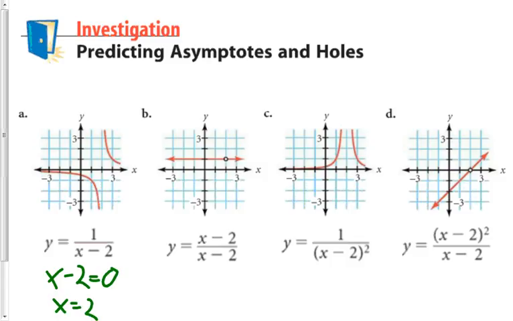So I know my vertical asymptote is at x equals 2. As my horizontal asymptote goes, I use rule 1 from the previous list, because the degree of the numerator, which is a constant, is less than the degree of the denominator, which is degree 1. Y equals 0 is my asymptote.